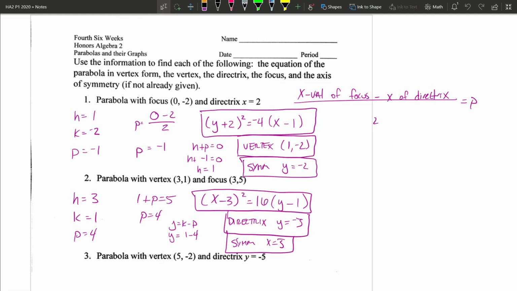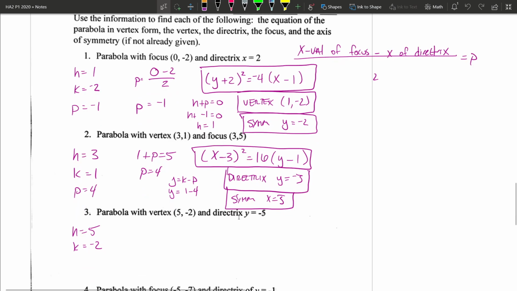All right, our next one. We've got a vertex again. I like that. So the vertex makes me know that h equals 5 and k equals negative 2. My directrix is y equals negative 5.